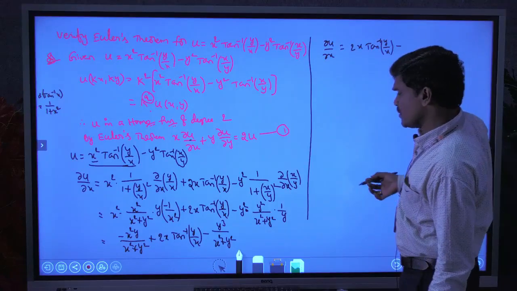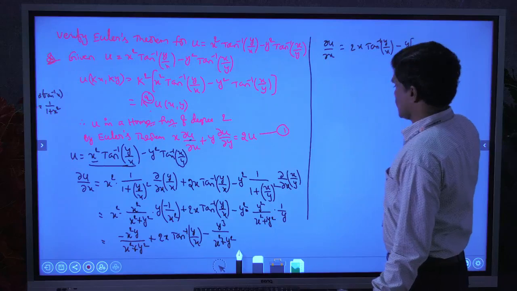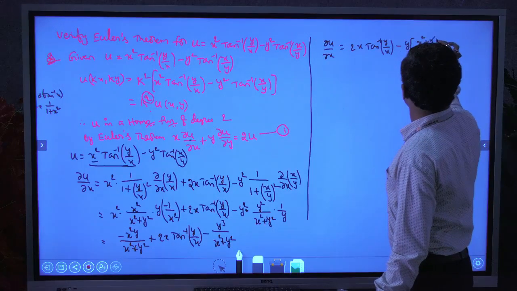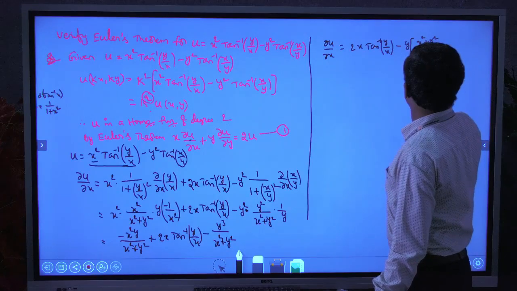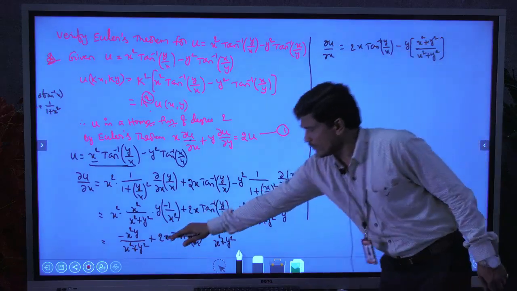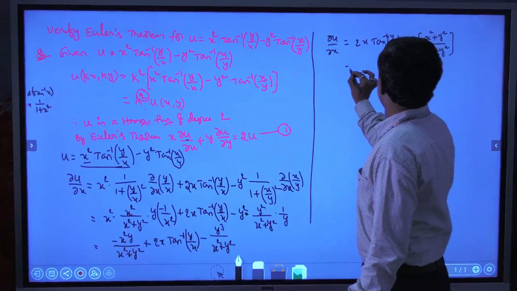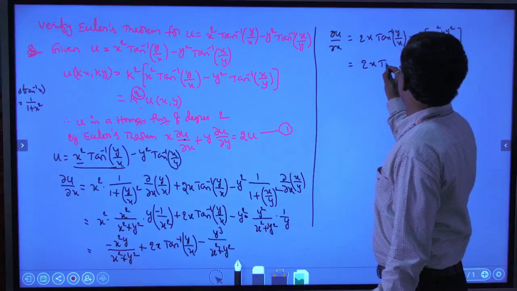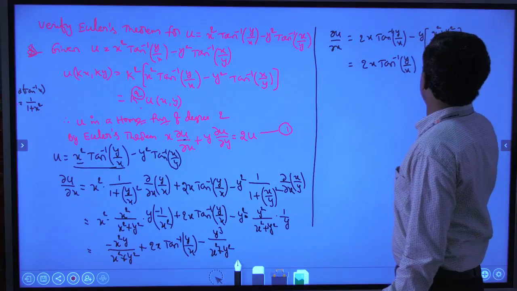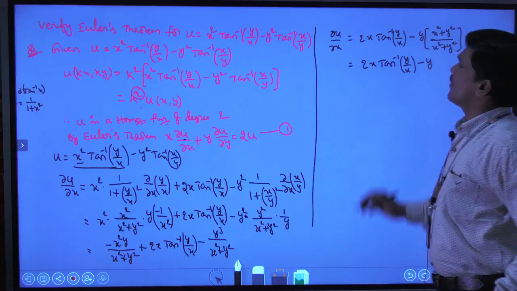What is common? y is the common, so y into, in numerator we get x square plus y square, by denominator x square plus y square. So from this expression, 2x tan inverse of y by x, here x square plus y square cancels, so finally we get y.